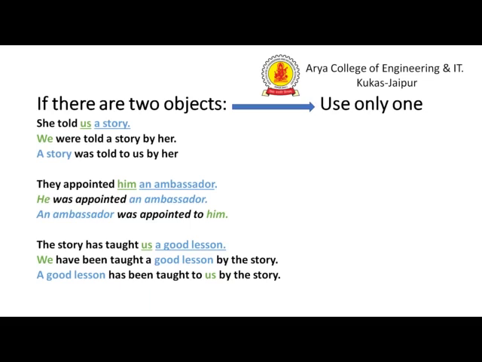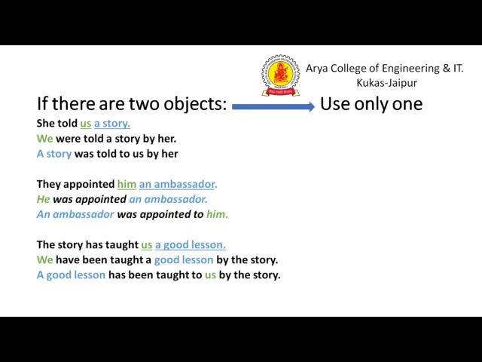Now we will see how to use only one object. If in the sentence they are using two objects, what kind of way do we have to solve the active to passive conversion? We can see with the help of some examples. Here we have, she told us a story.